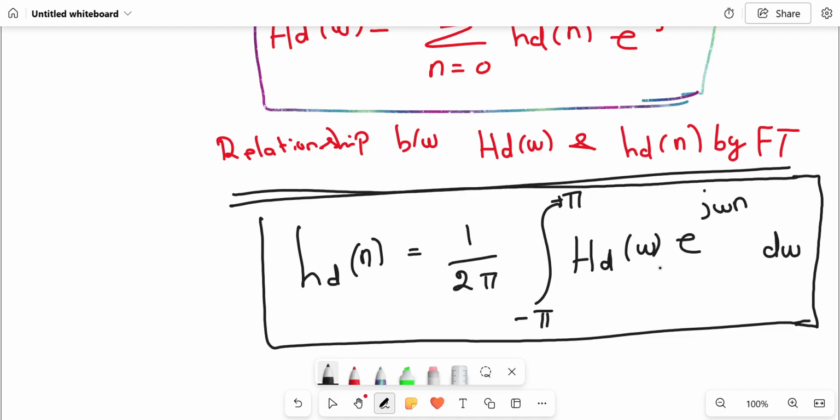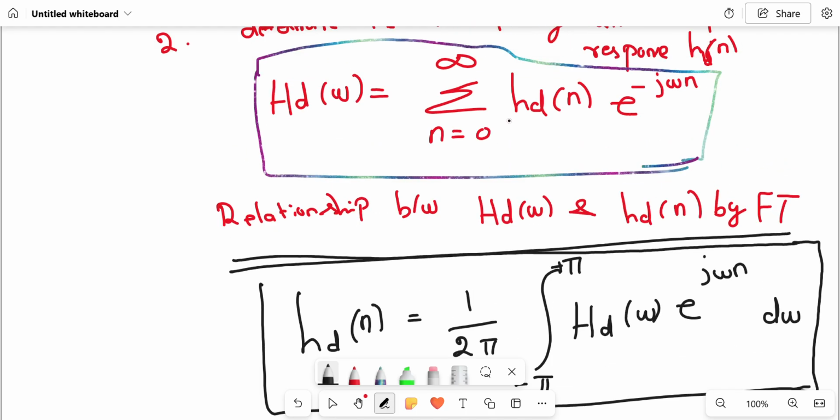This HD of n is obtained from this equation. What is the duration now? 0 to infinity.